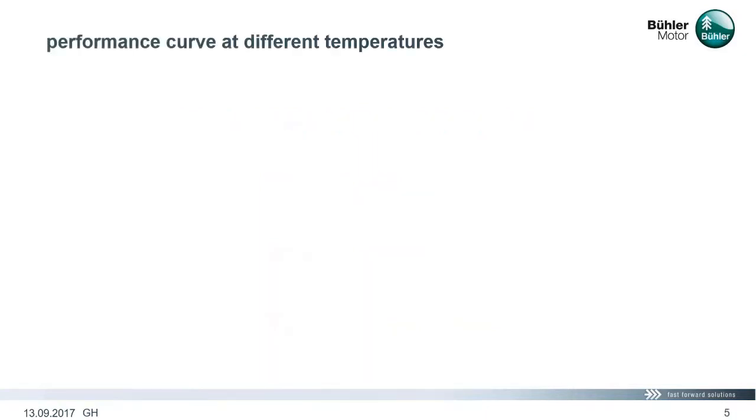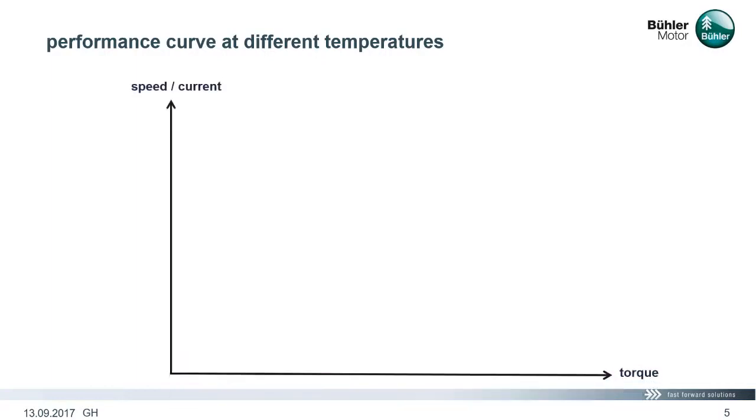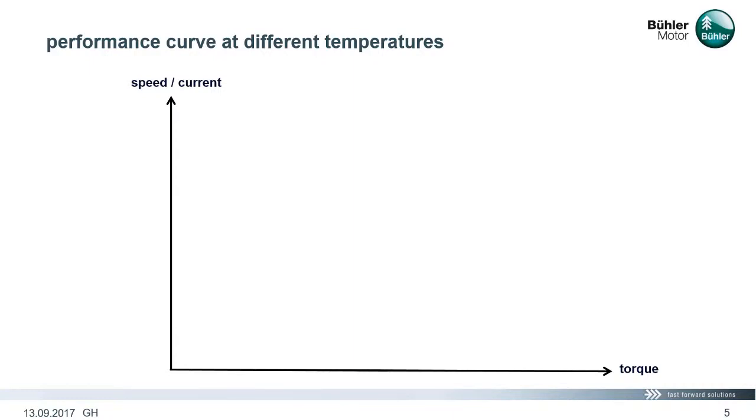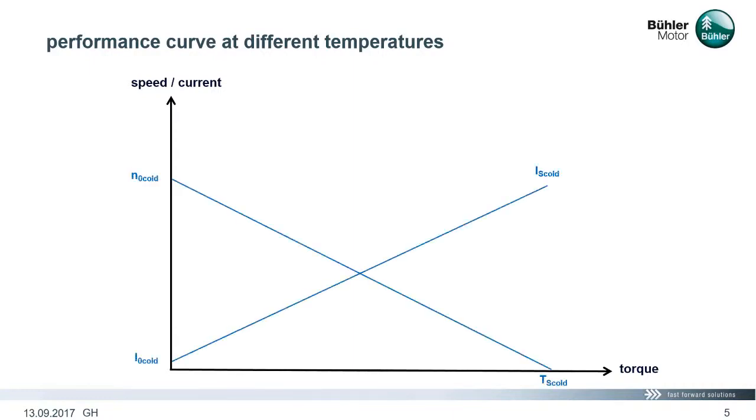How do the performance curves basically react to temperature changes? Looking at the speed torque and the current torque curve of a cold motor and comparing this with a hot motor, we can see significant differences in no-load speed, stall torque, as well as stall current.